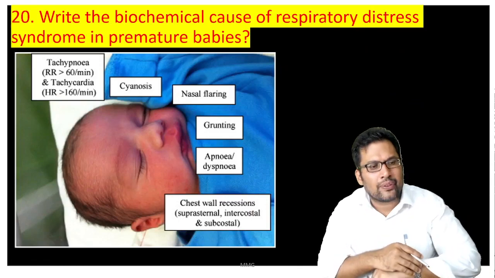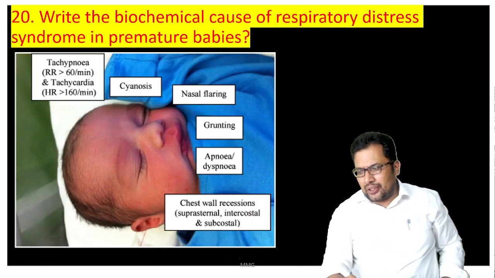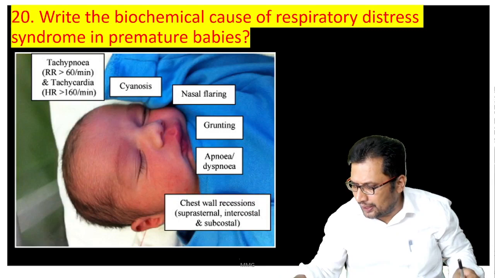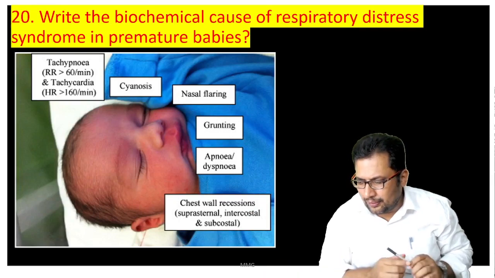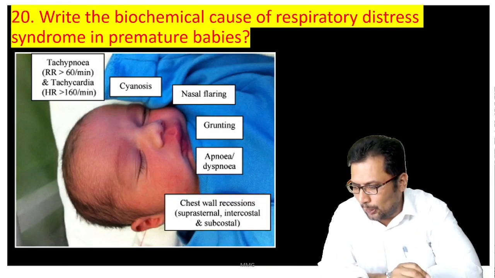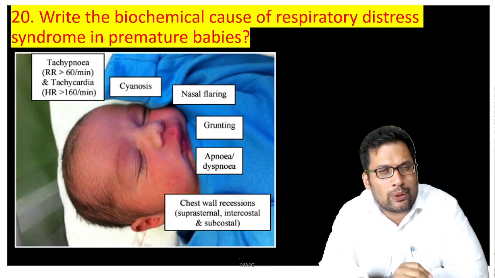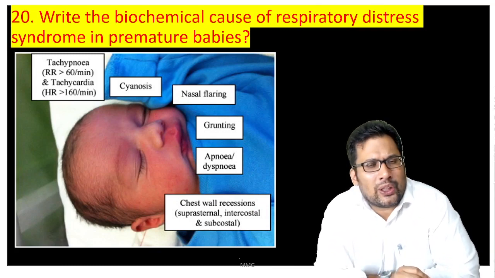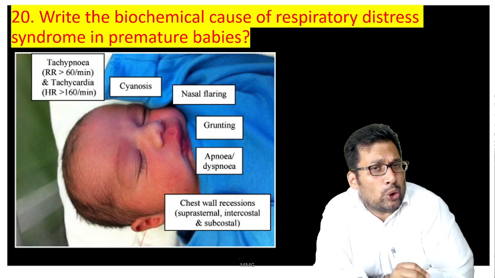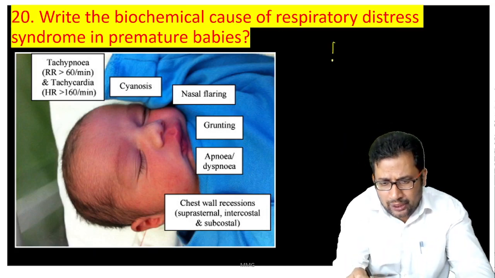Last question. Write the biochemical cause of respiratory distress syndrome in premature babies. In the picture, you can see a premature baby. So in a premature baby, what happens actually?